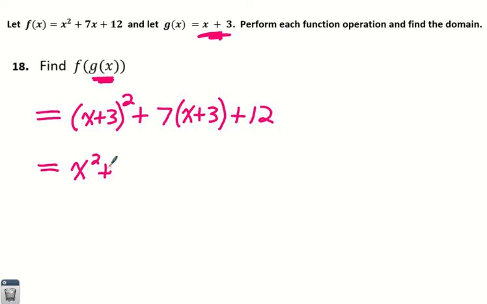So this is going to be FOIL. And at the end of the FOIL, it's going to be this. And then this is going to need distributing.